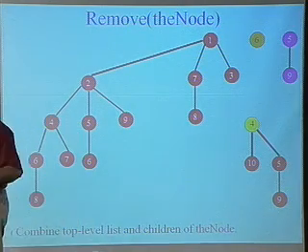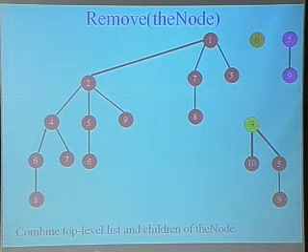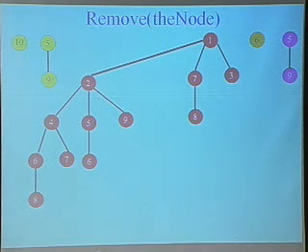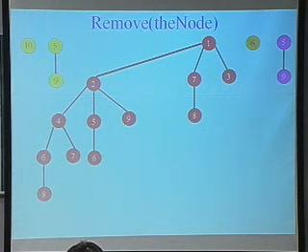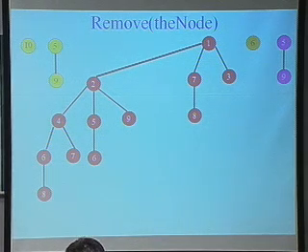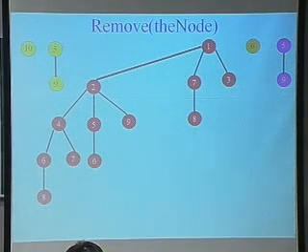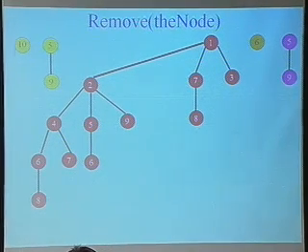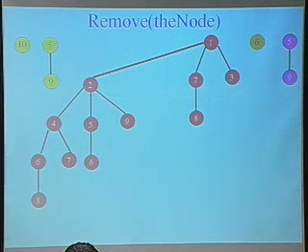I'm going to take these two doubly linked lists of min trees and combine them into a single one. I'll end up with a top level doubly linked list that has 5 min trees in it. This combining takes order one time.